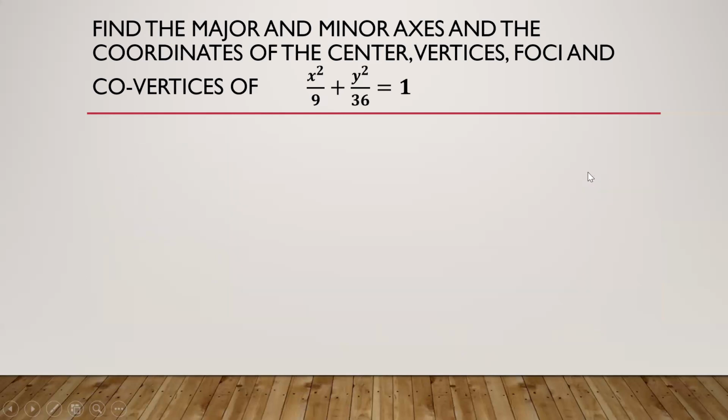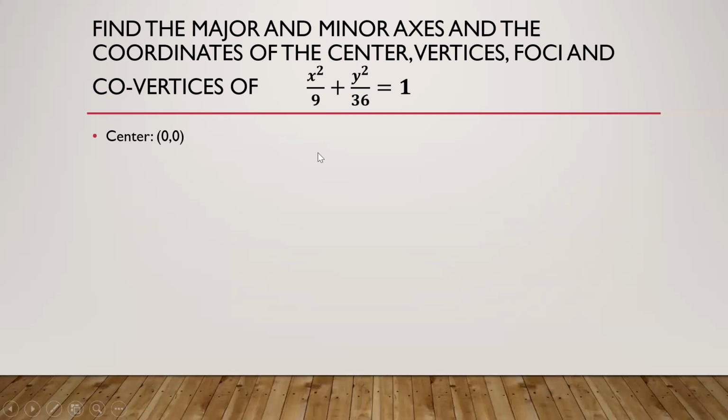Now, next, we have to find the major and minor axis and the coordinates of the center, vertices, foci, and co-vertices of x squared over 9 plus y squared over 36 equals 1. So from the given, we can already determine the center, which is again, since it's only x squared and y squared, 0, 0.